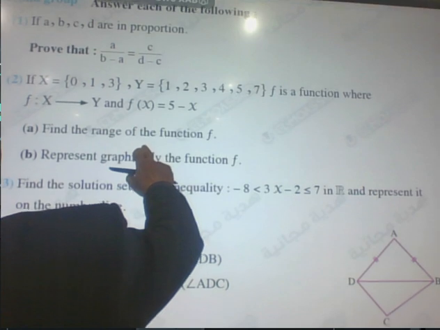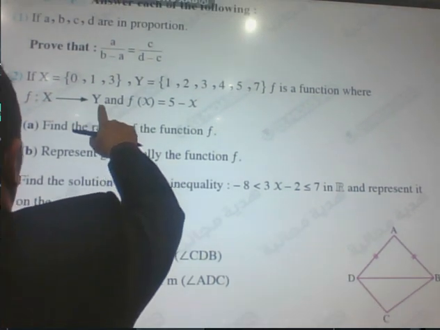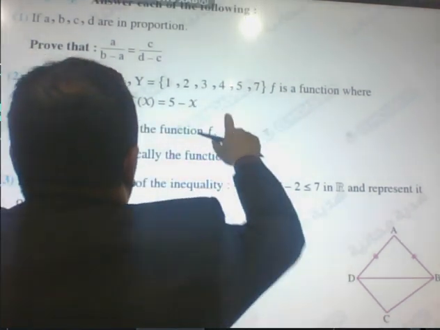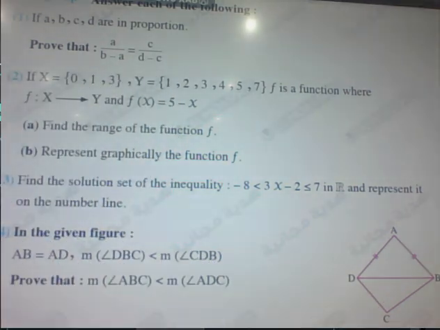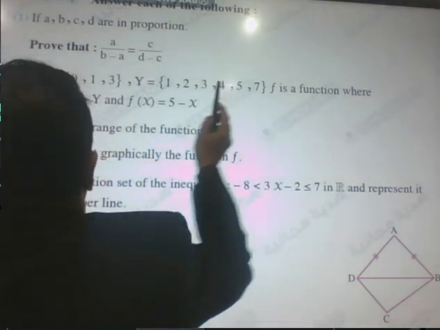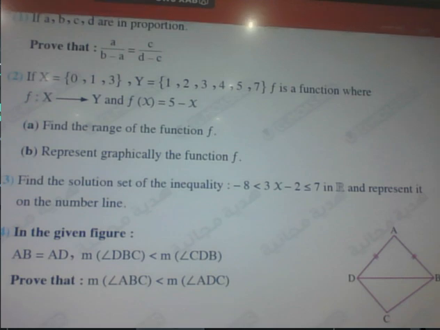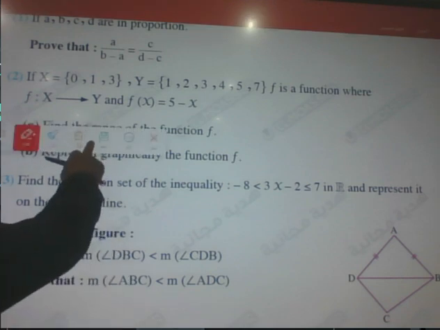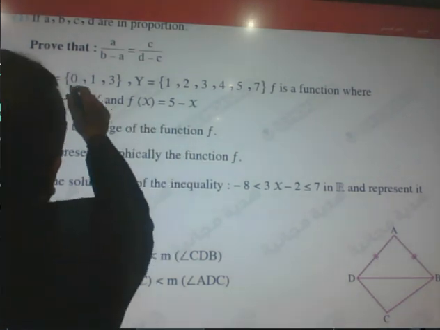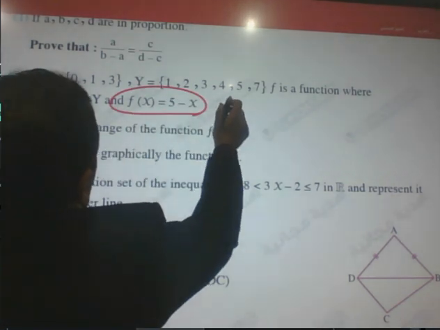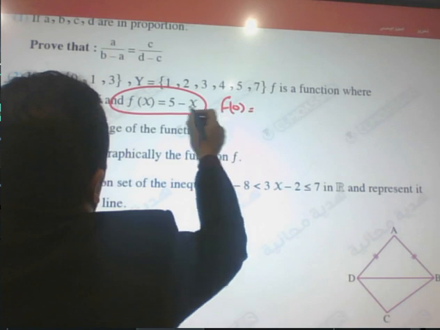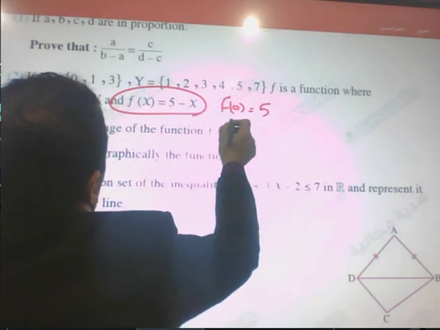Number 2. We have x equals the set 0, 1, 3, and y equals 1, 2, 3, 4, 5, 7. f is a function where f of x equals 5 minus x. You want to find the range. First step, we find f of 0. f of 0 equals 5 minus 0, which is 5.